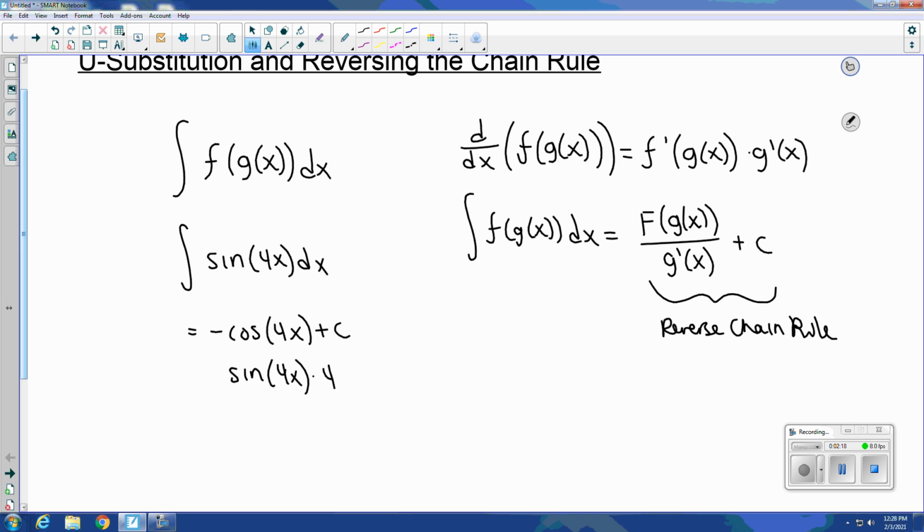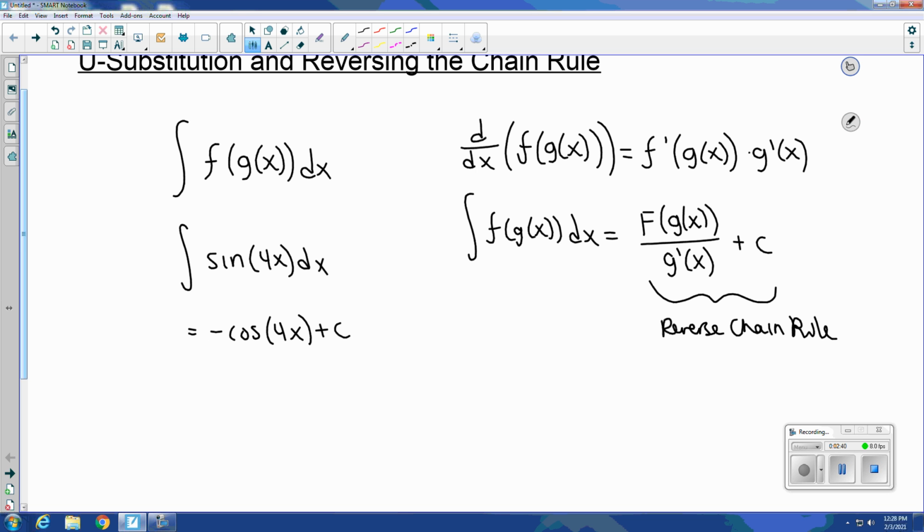Now, in the integral, there is no times 4. So how do we account for that that should be there? That's where that dividing by the derivative of the inner function comes into play. So recognizing the composition will allow us to implement that additional step that's needed to fully reverse that chain rule application.